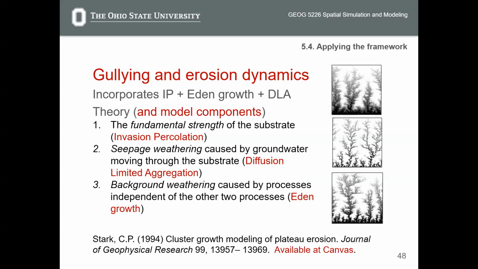Okay, and the third part of this model is background weathering. It is another type of weathering, not caused by groundwater, but caused by processes independent of the other two processes. And we're going to use the Eden growth model to address this part of gullying and erosion dynamics.